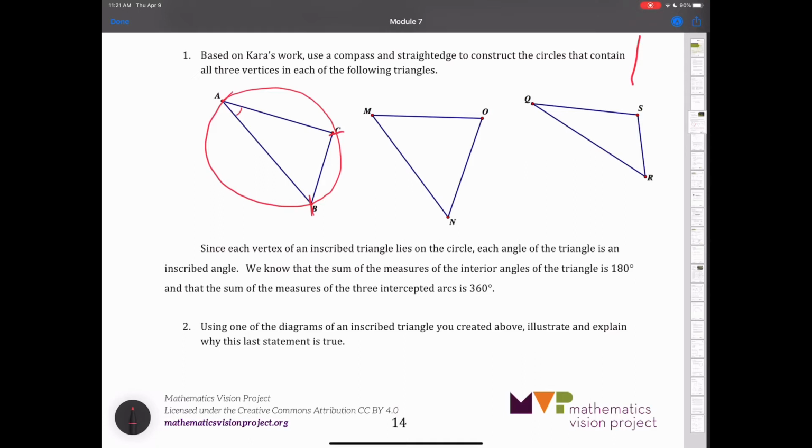So this angle intersects this portion of the arc, then angle C intersects this portion of the arc, and angle B intersects this portion of the arc. Each one intersects a certain portion of the arc, and since every part of the circle is intersected, we will obtain 360 degrees of arc there.